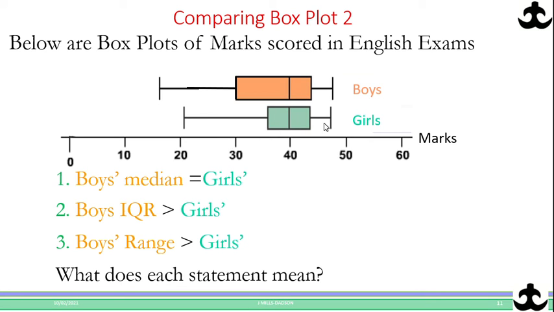So we can say that the median for girls is more consistent than the boys because the interquartile range is smaller. And there's more variability in the boys' data because the range is wide. So the data is more varied compared to the data of the girls. So the rule of thumb here is that the smaller the interquartile range, the better it is for the median to represent the data, or the more consistent it is for the median to represent the data.